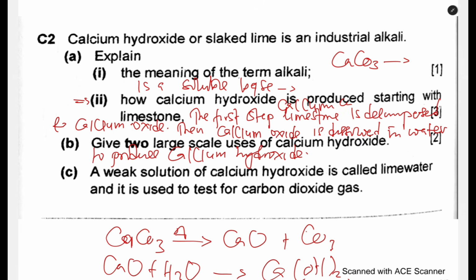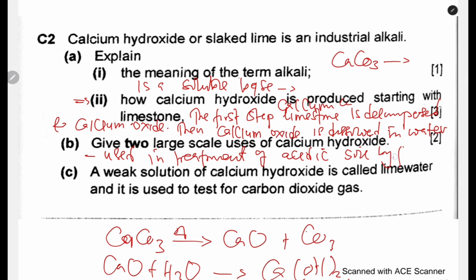Give two large scale uses of calcium hydroxide. One of the uses is in treatment of acidic soil, or neutralization of acidic soil by farmers, to control soil acid, to control soil pH. So you can just say treatment of acidic soil.